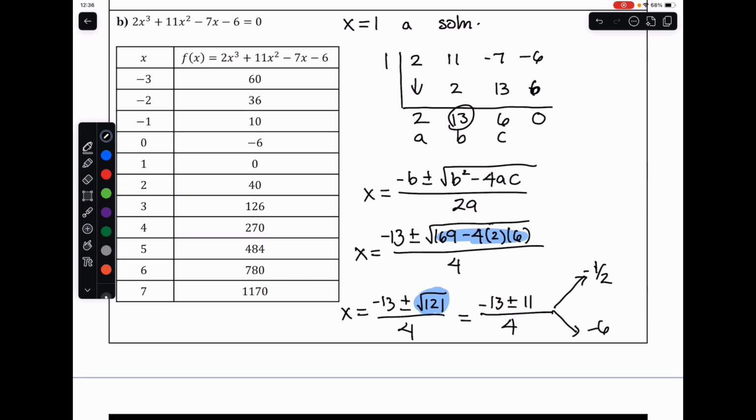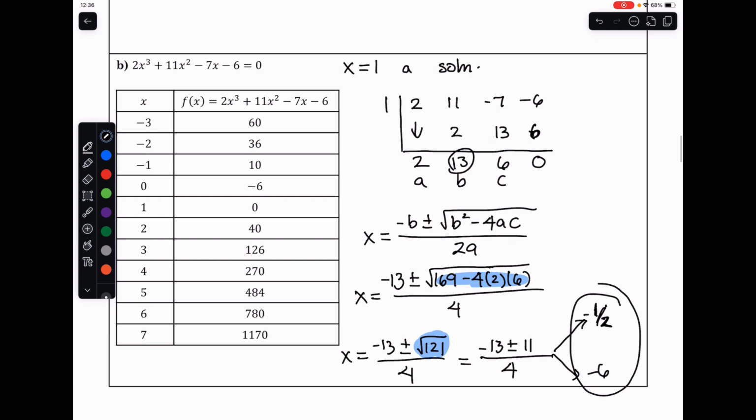So the two remaining solutions, and I'm not going to write it down, I'm just going to box them in right here, are these two values. So x equals negative 1/2 and x equals negative 6 are the other two places where this function will equal 0. So it equals 0 when x is 1 and when x equals those two values right there.